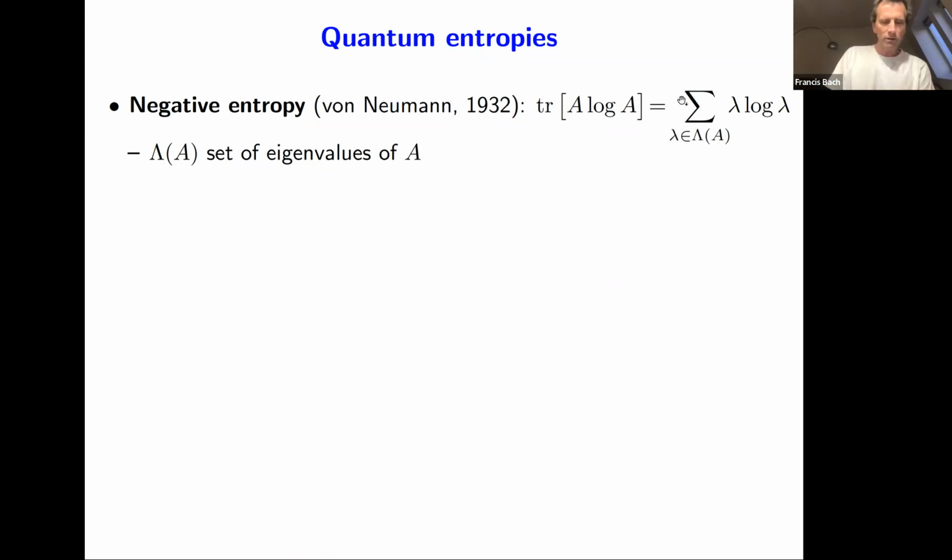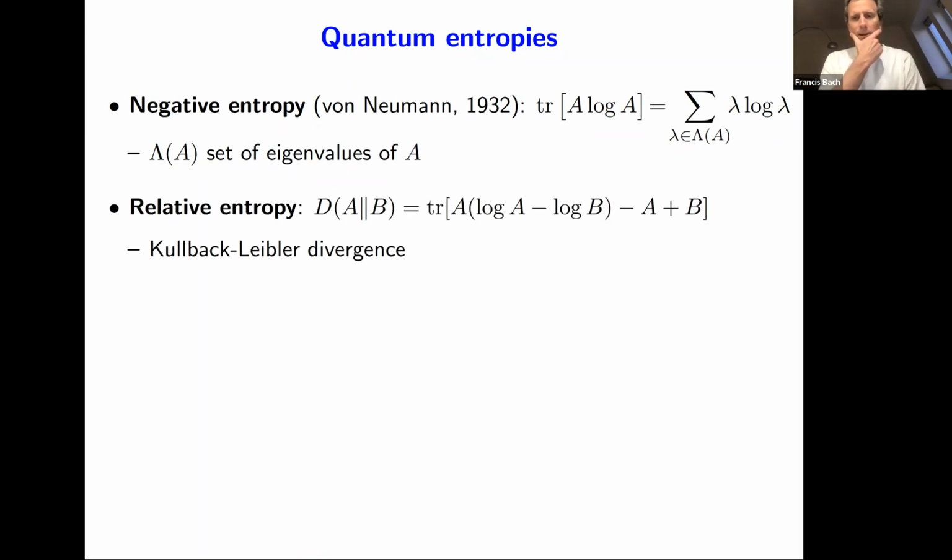It's a spectral function because lambda log lambda is convex. So this is a convex spectral function. And as with any convex function, you can build the Bregman divergence for that function, which is the function at A, minus the function at B, minus the gradient times the variation.